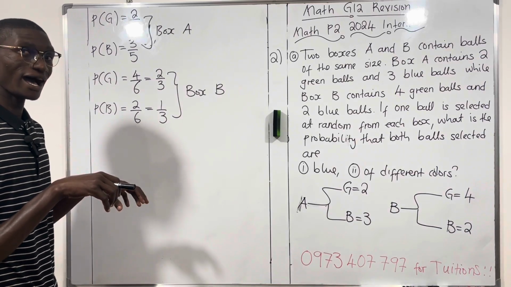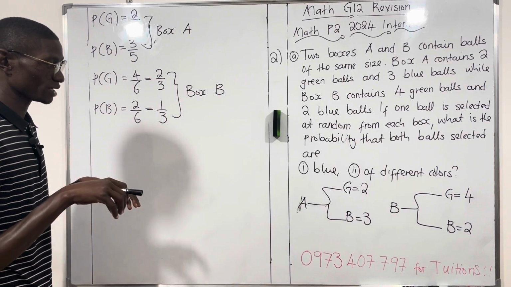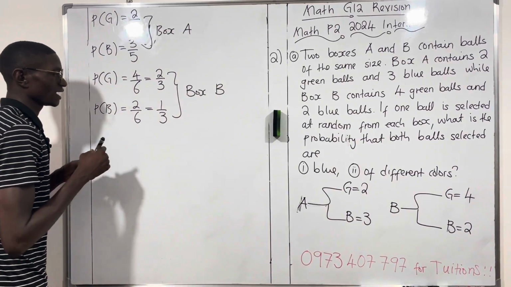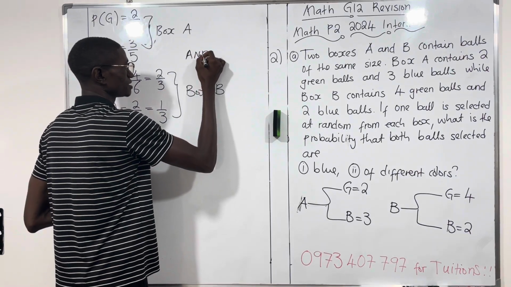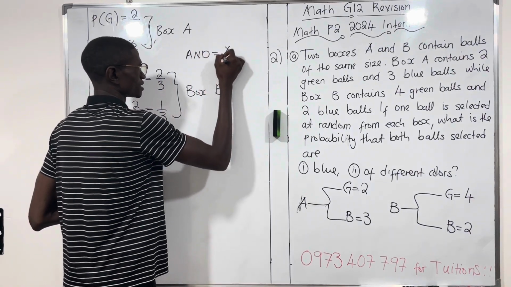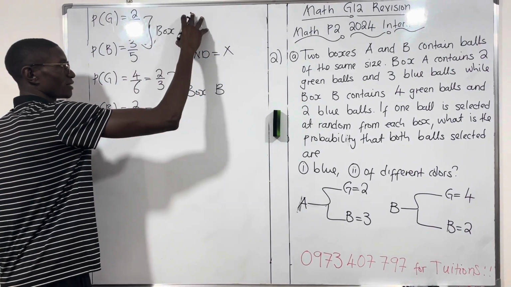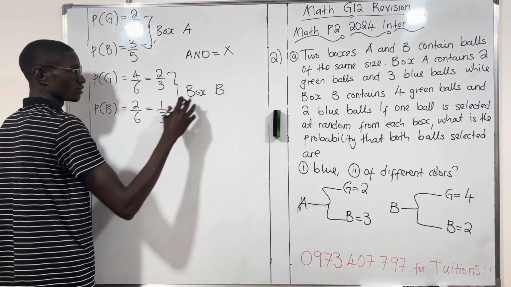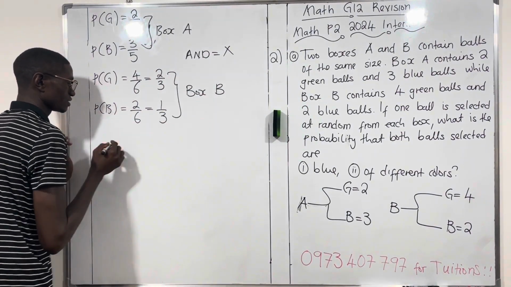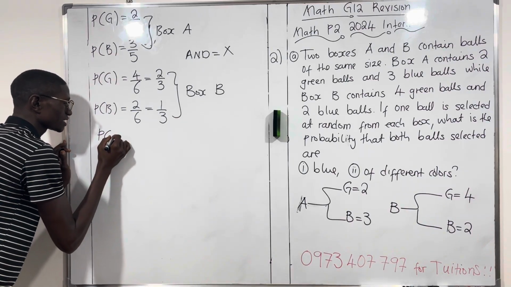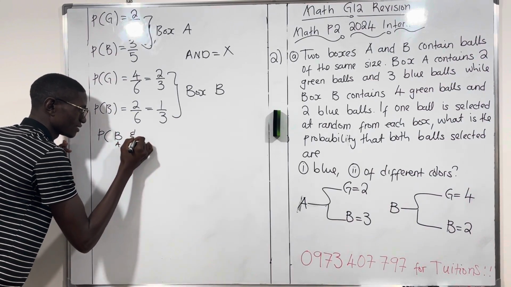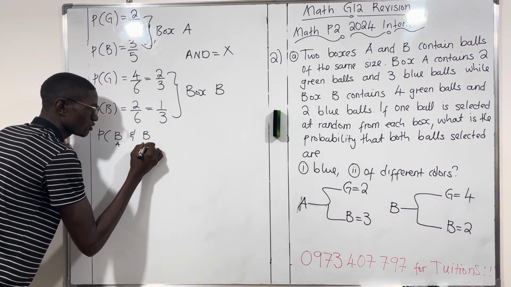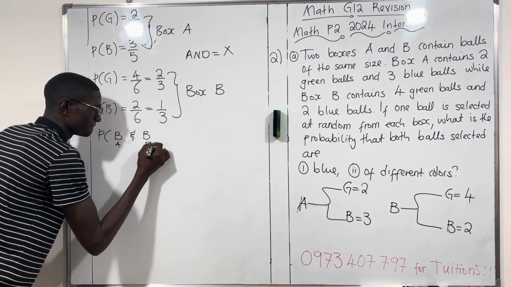Blue from A and blue from B. So the keyword there is and. In multiplications, and in probability means multiplication. So we're going to say blue and blue from A and from B, right? So probability of selecting a blue ball from box A and probability of selecting a blue ball from box B.